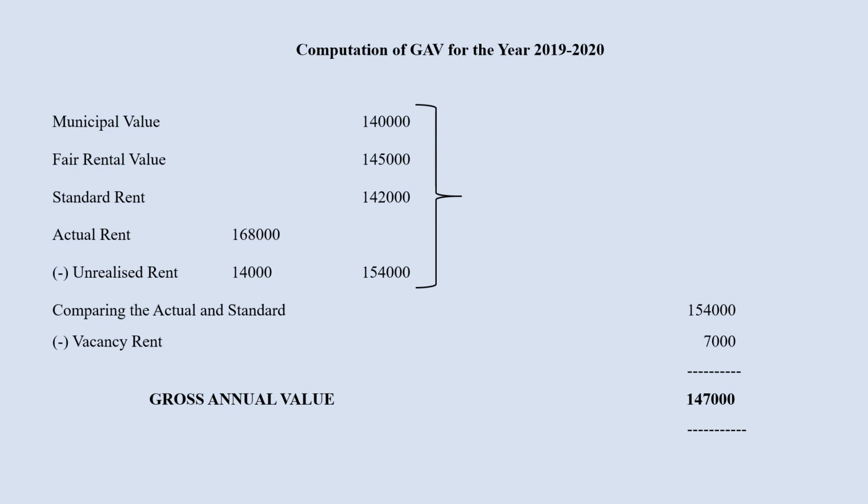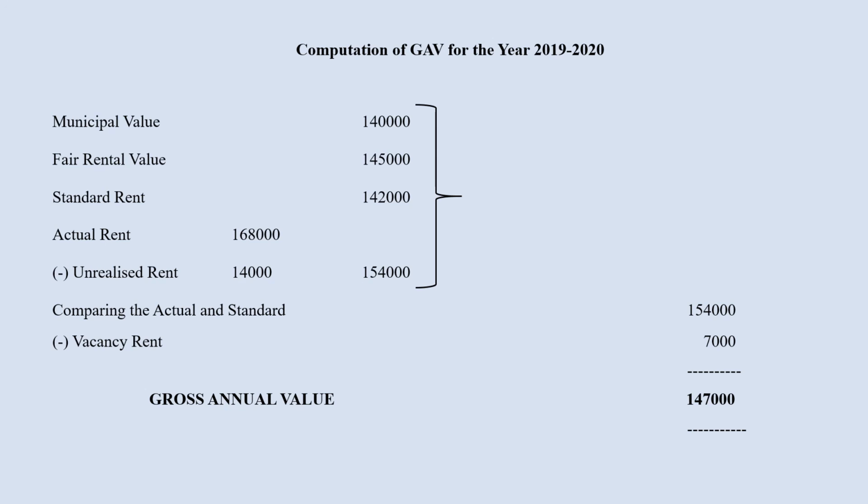Now out of this you are going to find out which is your GAV. So since all the four are given, you will be first comparing actual rent and standard rent. So since actual rent is higher than your standard rent, your actual rent will become the gross annual value or GAV. So you take that as GAV. 1,54,000 is going to be your GAV.